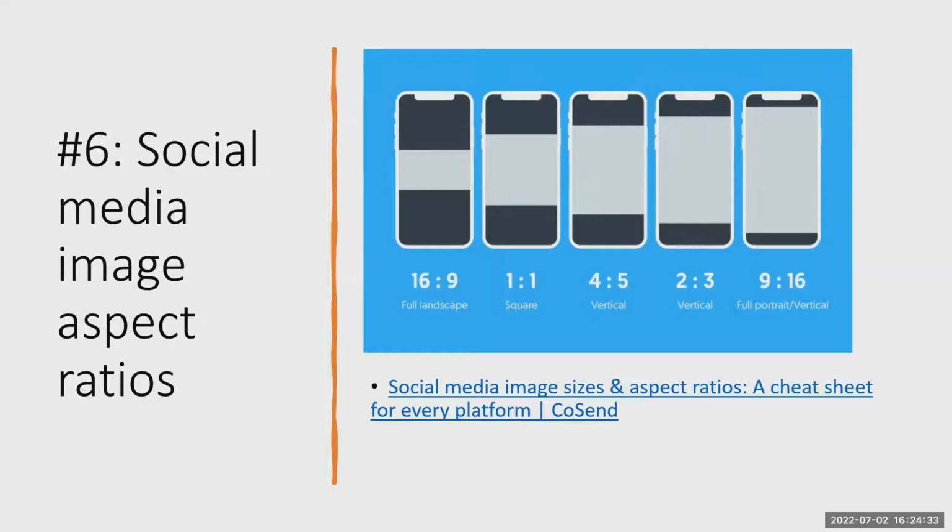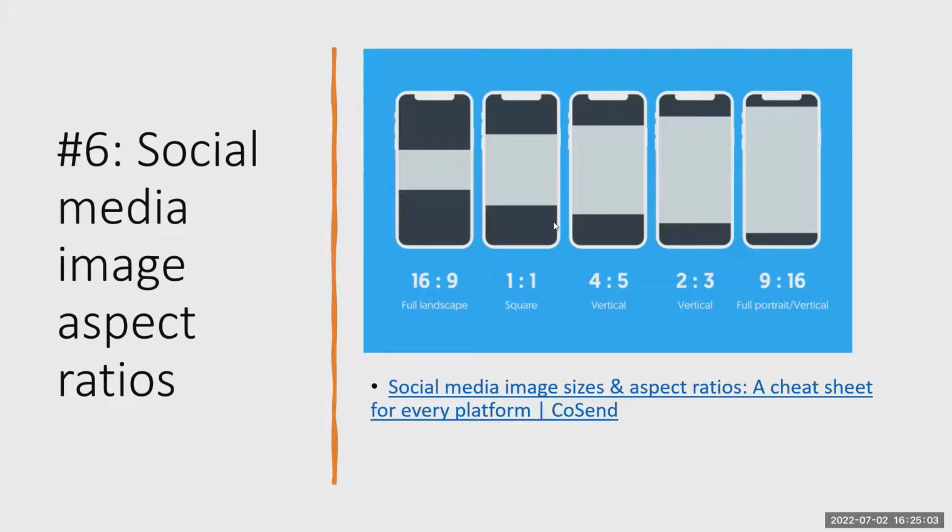Today, when a lot of people are taking pictures on their mobile phones, the main medium where they are consumed is social media, like Twitter, Instagram or Facebook. That's where most of the pictures are being shared these days, and it's always better to understand the aspect ratios or image sizes each social media app uses.